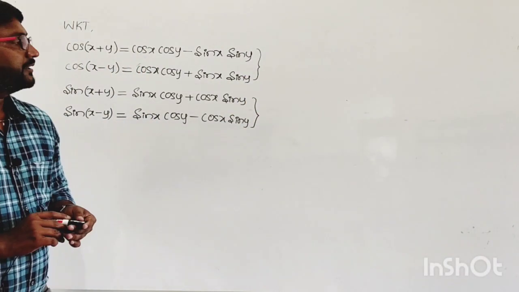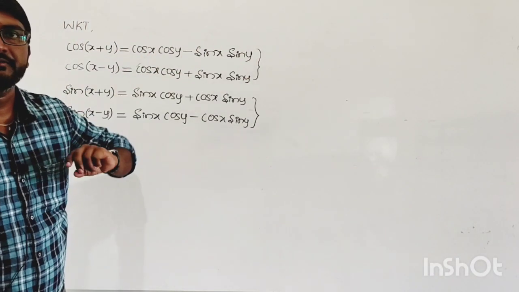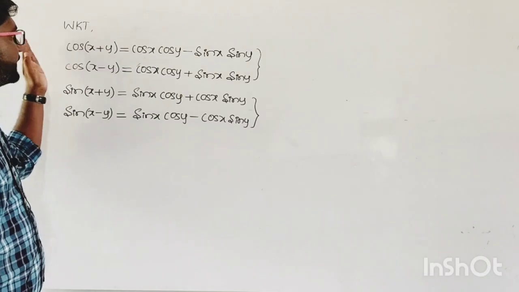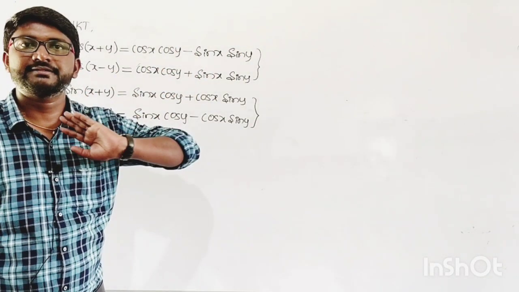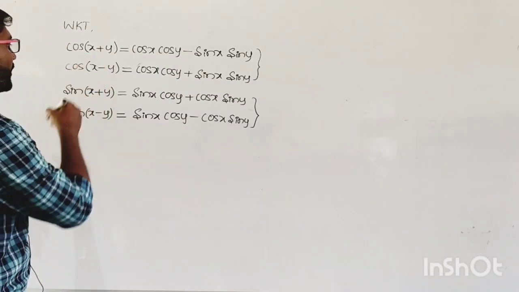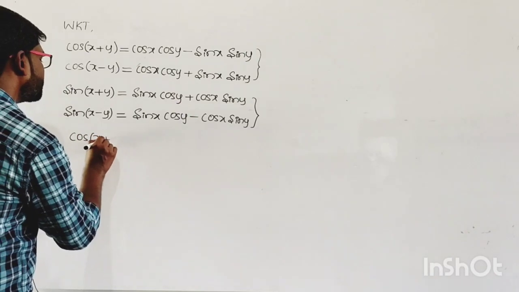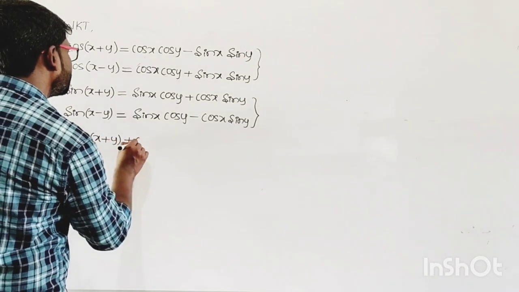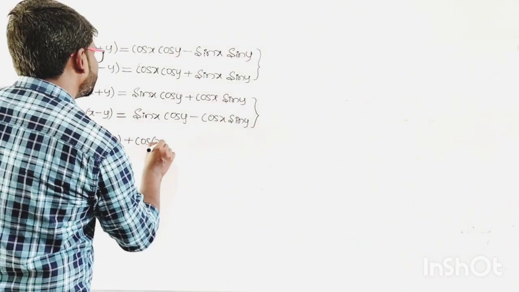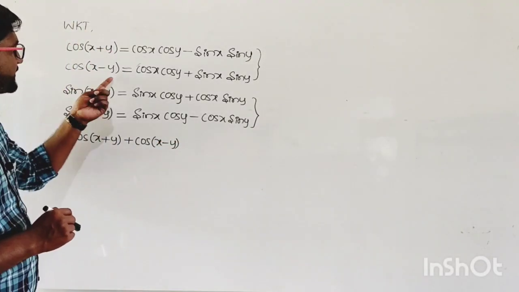So now let us add these two equations. Add only the first two equations. LHS we should add separately and RHS we should add separately. So if you add these two, what do we get? Cos of (x plus y) plus cos of (x minus y).